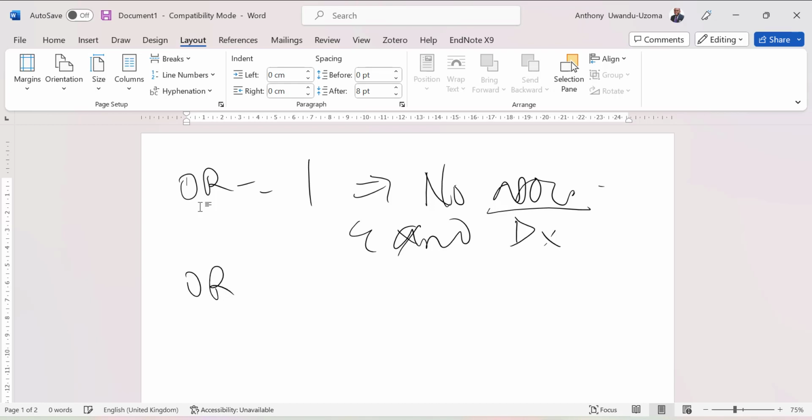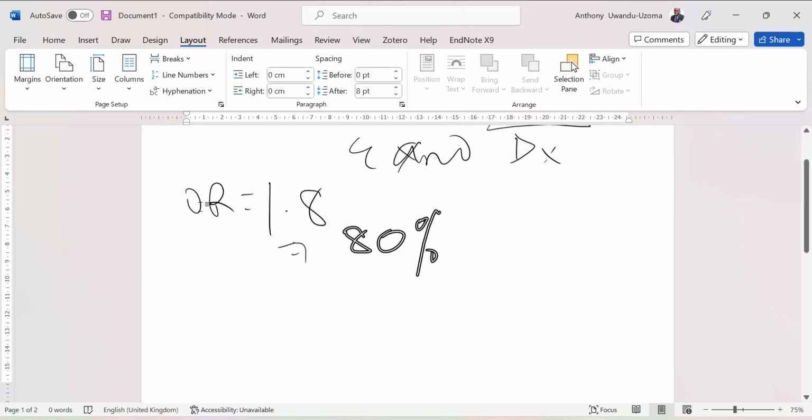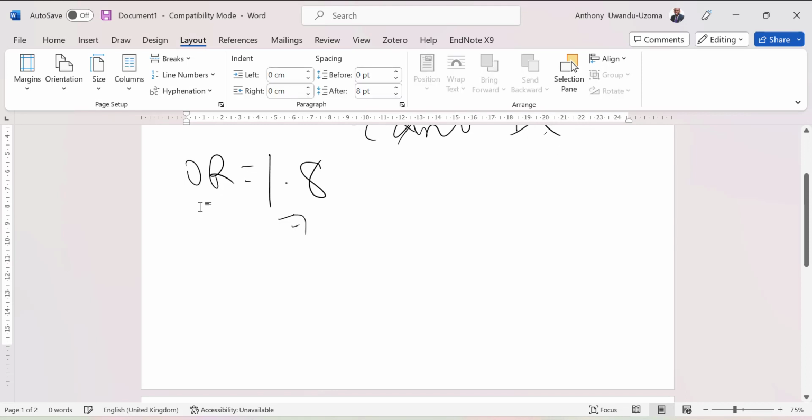Now, if the odds ratio is anything between 1 and less than 2, so let's say 1.8, how will you interpret this one? You will say that the odds of having the disease increases by 80%, because when you do 1.8 minus 1, that will give us 0.8.